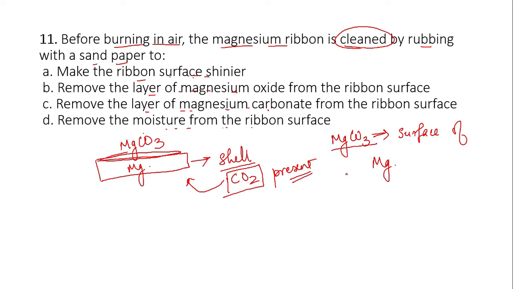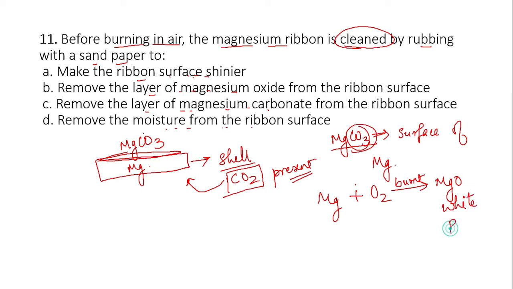Since there is a formation of magnesium carbonate, when we burn this ribbon directly in air, the carbon from the carbonate is going to come out and get mixed. We are supposed to get the reaction as magnesium when burnt in air should produce magnesium oxide, which is a white colored powder.